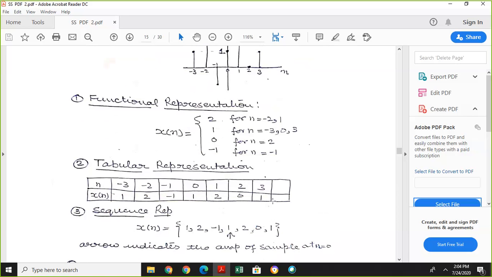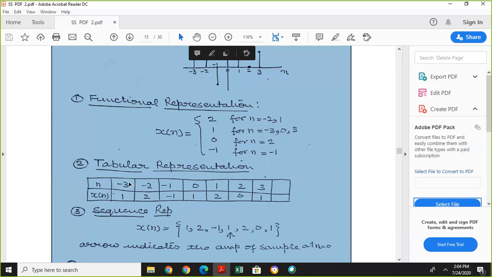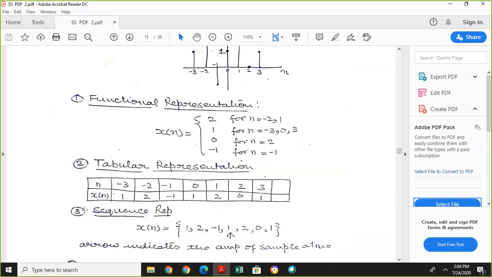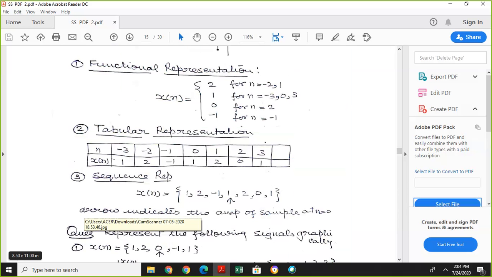Corresponding to these values of n, we write the value of x of n. X of n when n is -3 is 1. When n is -2, the value of x of n is 2. When n is -1, the value of x of n is -1 and so on. So this is tabular representation, and next one is sequence representation.